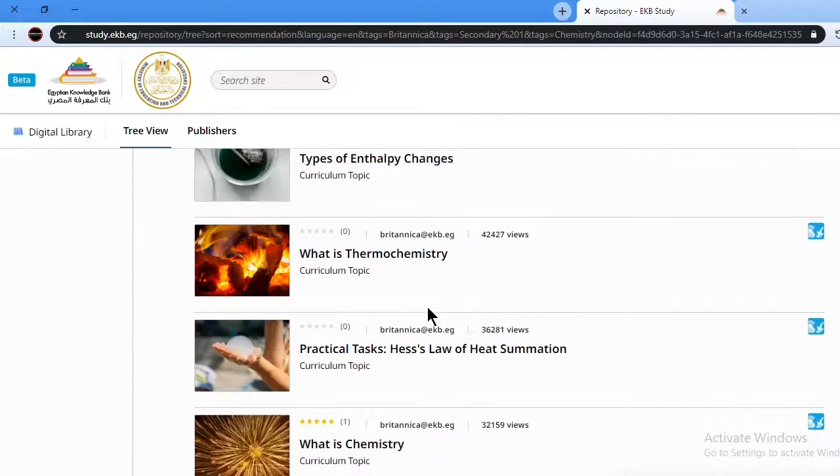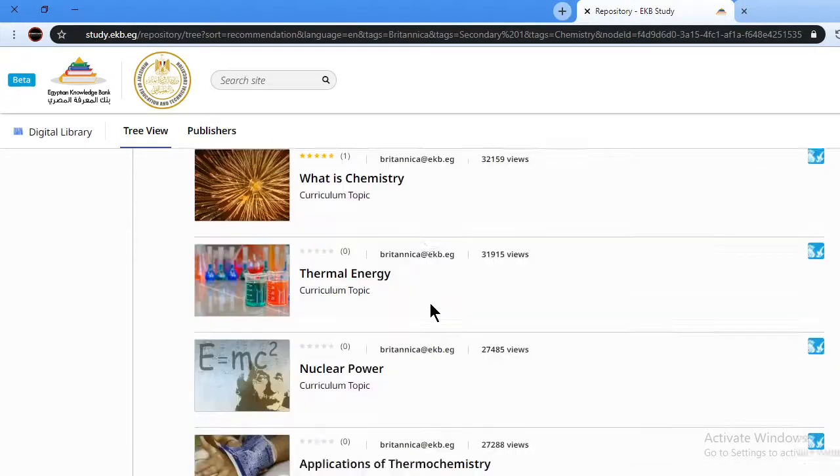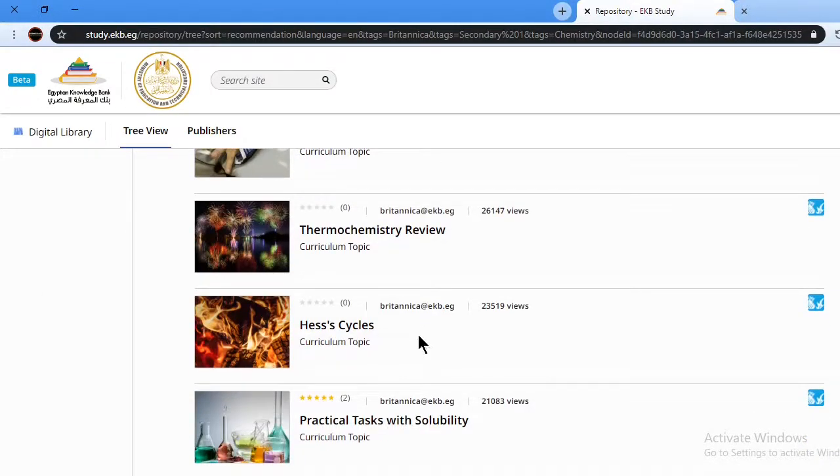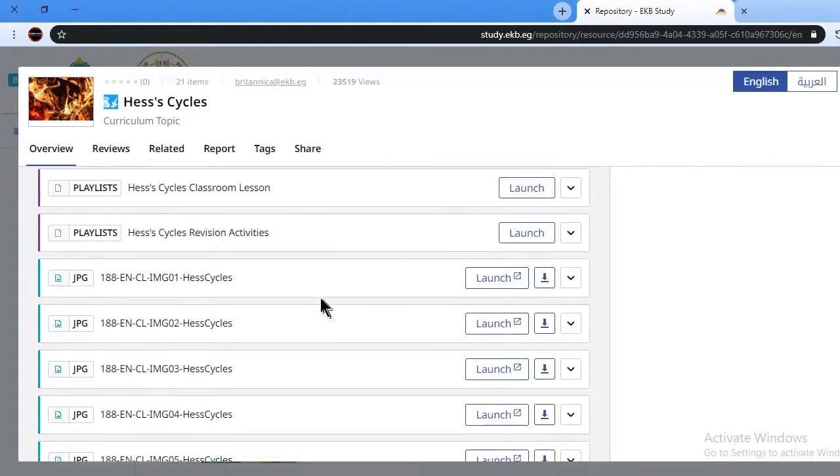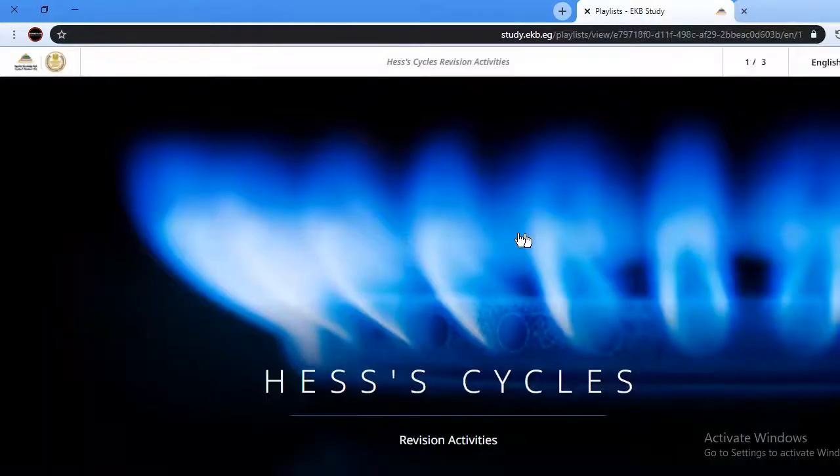Now I will solve another type of questions, which is called Hess cycle curriculum topic. Hess cycle revision activities launch. Hess cycle revision activities.